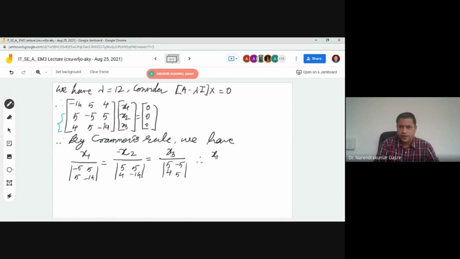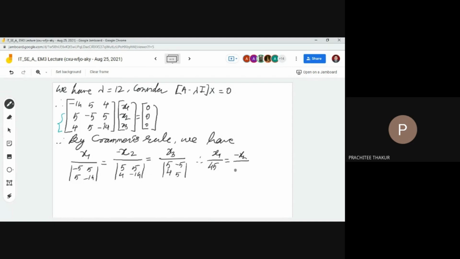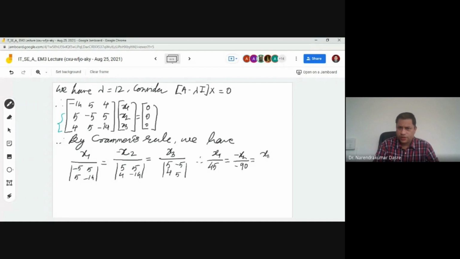So can you calculate these values? What did you get for the determinant corresponding to x1? 45. Then the determinant corresponding to x2? Minus 90. Yes. And the determinant corresponding to x3? 45.